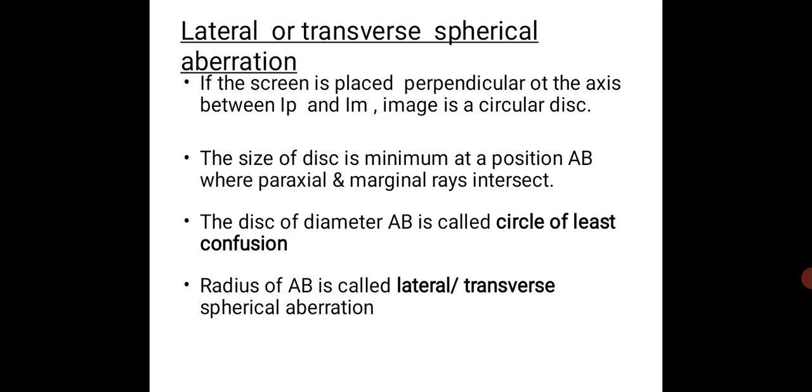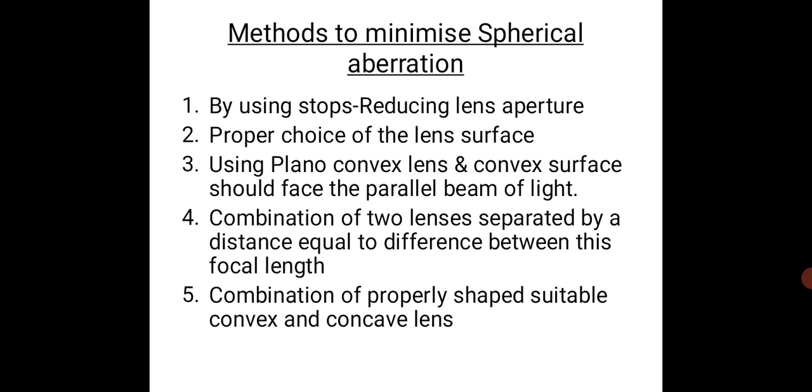The disc of diameter AB is called the circle of least confusion, and the radius of this disc is called lateral or transverse spherical aberration. So the radius of the circle of least confusion is a measure of lateral spherical aberration. Now you know what lateral and longitudinal spherical aberration are.